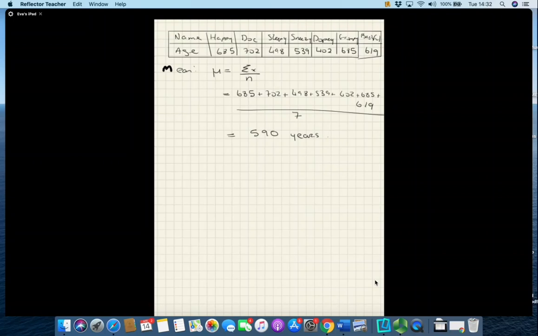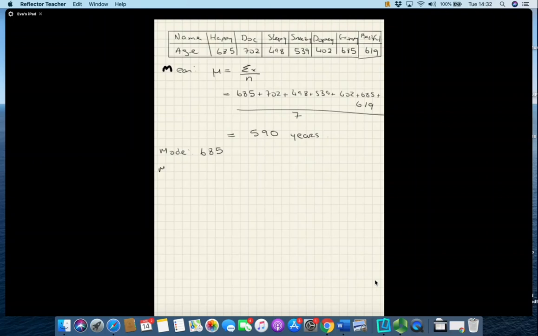Okay, so then the second measure of centre could be the mode, and again you're looking for a value that occurs most often. And actually 685 occurs twice, so the mode is 685. Okay, both happy and grumpy are that age.